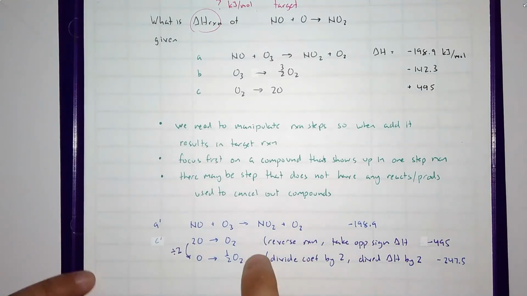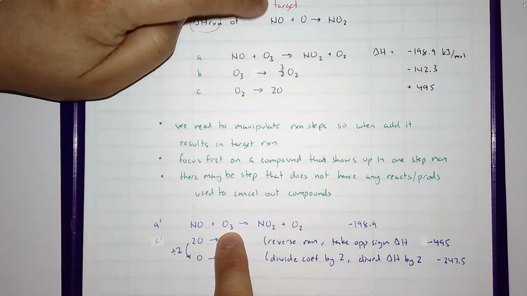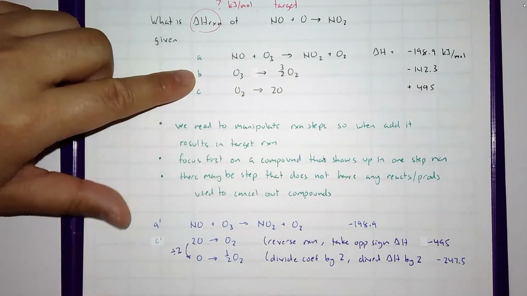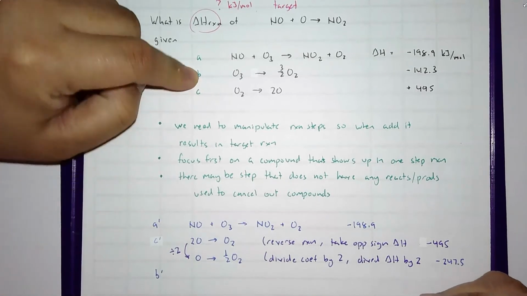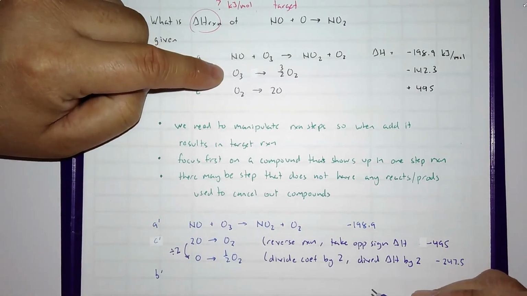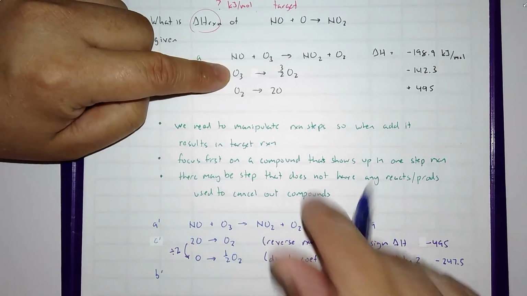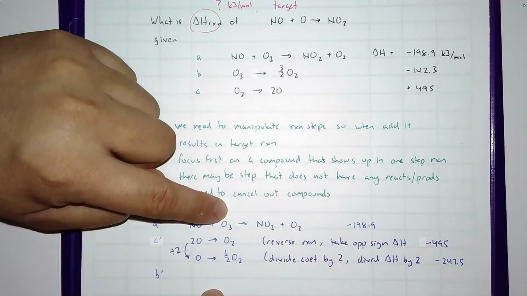We notice that we have an O3 on the left, but there's no O3 in the final target reaction. We're going to take B and manipulate that. We are going to reverse it so that O3 is on the right. And see, this O3 here is on the left.